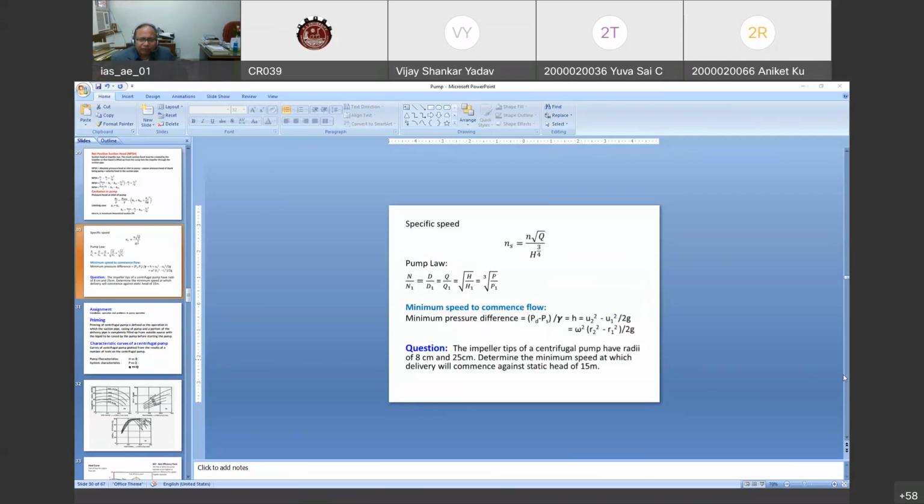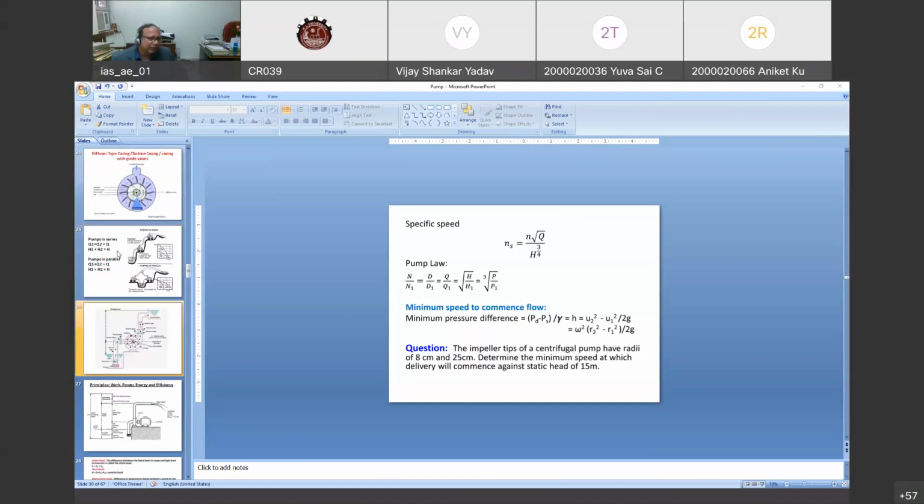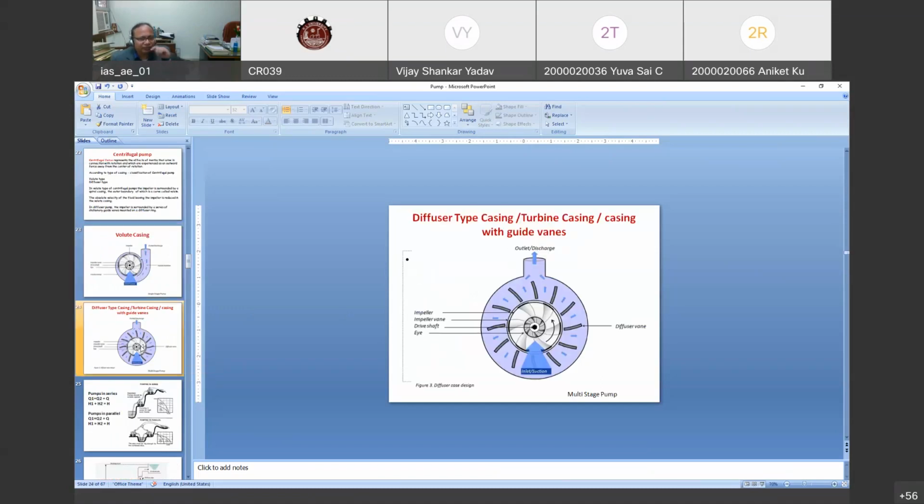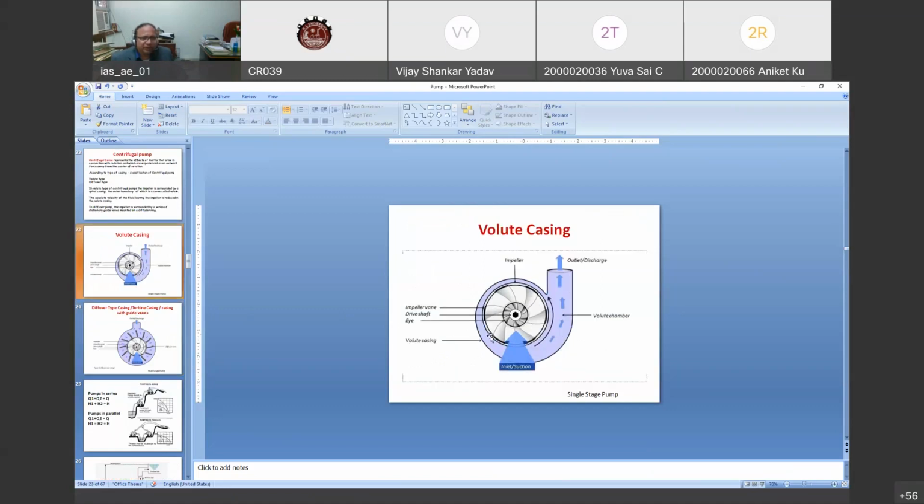What happens when a centrifugal pump rotates in the reverse direction? Very good question. Try to understand. You can see here the volute casing and the diffuser type of casing. This is the direction of the rotation.